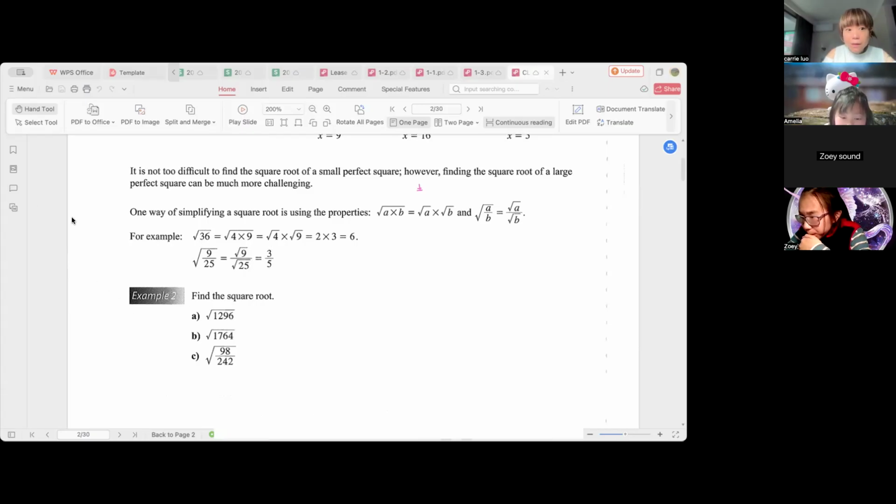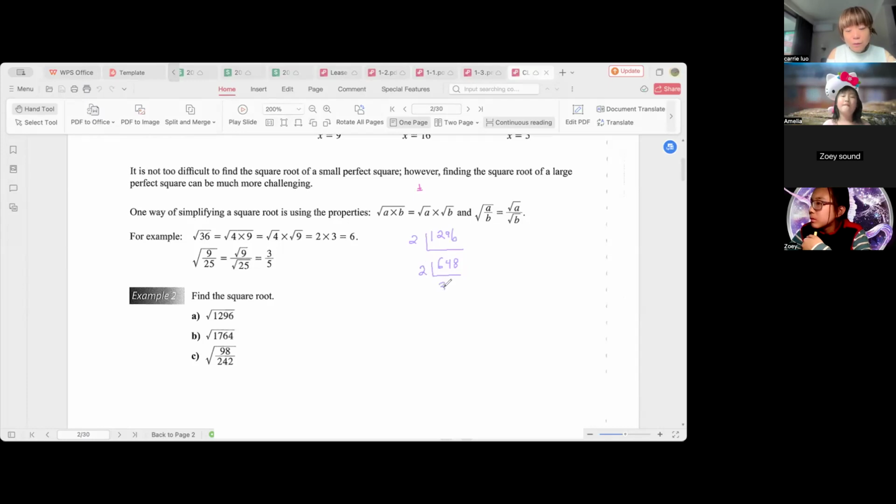Okay, so now let's take a look at the bigger number. 1296. Can we just immediately put them into two numbers which are perfect squares? So now I'm going to introduce a very best friend, which is called short division. Remember, Amelia? We do this a lot of the time, right? Sometimes you tell me you forgot how to do the greatest common factor or lowest common multiple. They use the same method, right?